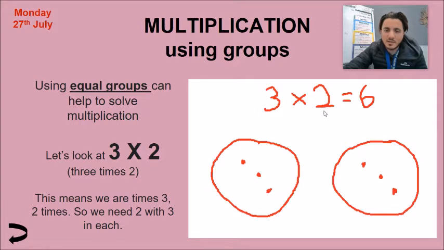The second number in your equation is how many groups you should have, and the first number is how many should be in each group. Your answer is how many you have all together. Let's count them: 1, 2, 3, 4, 5, 6. It's really important that we know how to add to work out multiplication. So 3 times 2 equals 6.